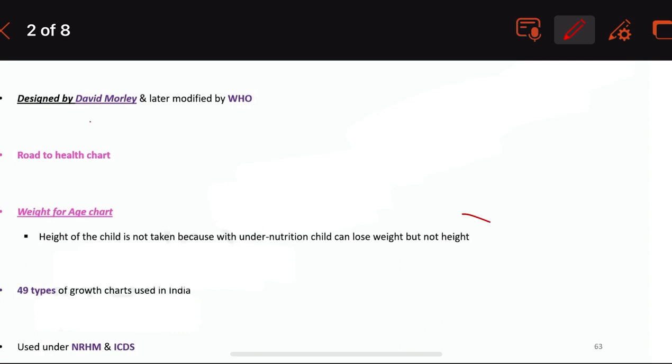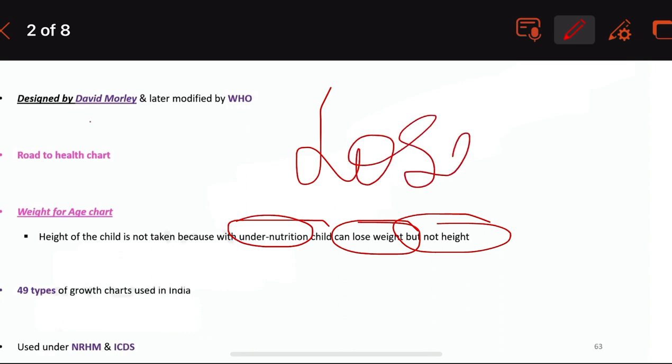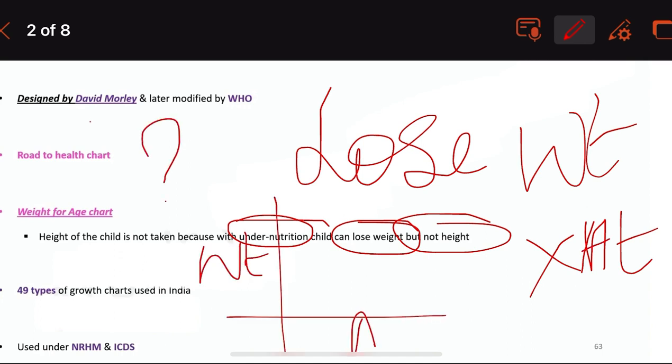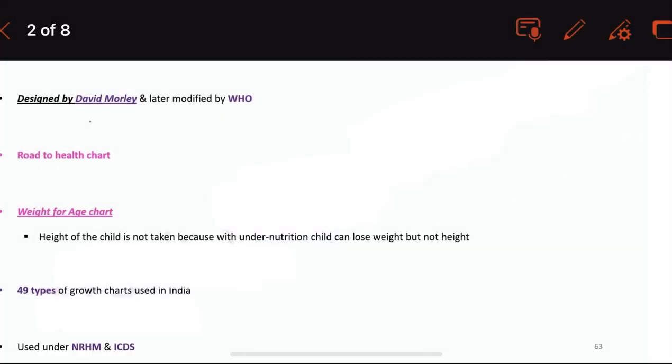The baby's height won't differ, but once the baby becomes undernourished, it will start losing weight. So when the examiner asks you why the growth chart is considered a weight for age chart and not height, you can say when the baby becomes undernourished, it will start losing its weight.